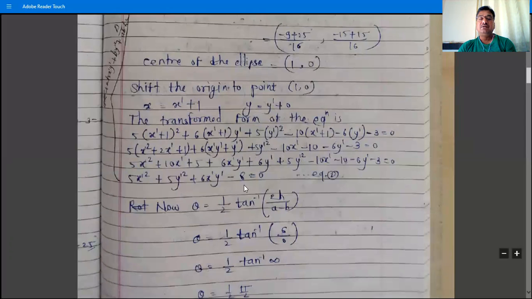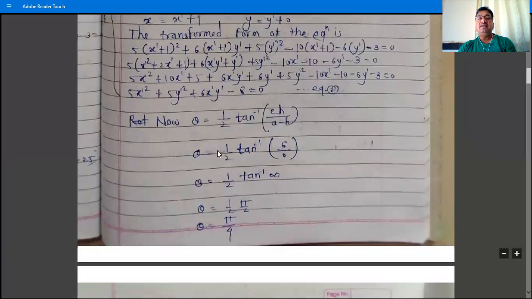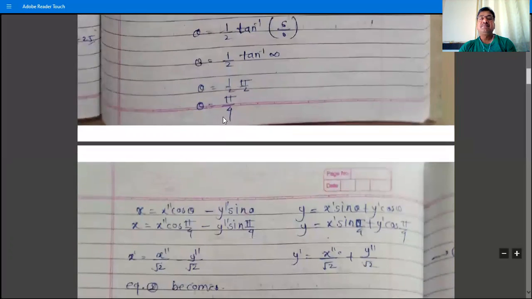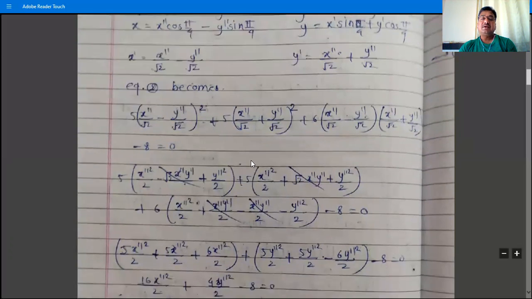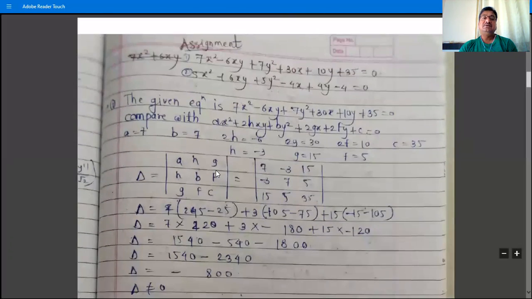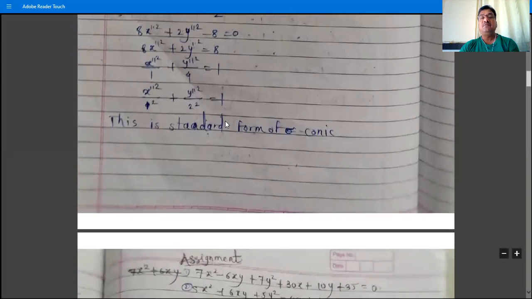Find equation number 2, which is free from the linear terms x and y. Then find theta by using the formula 1/2 tan inverse of 2h divided by a minus b, and rotate the axes, that is, find the transformed form. And we have the standard form from the general form.